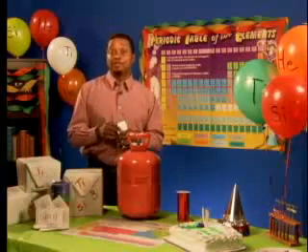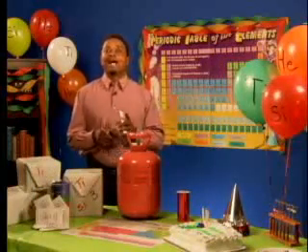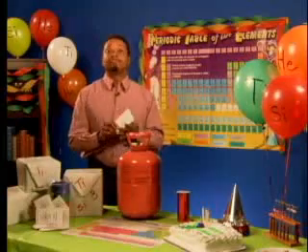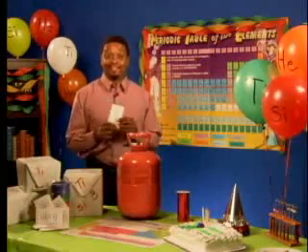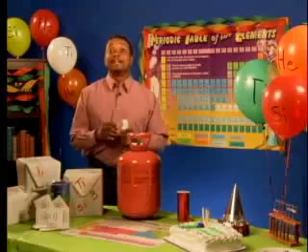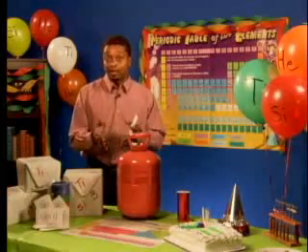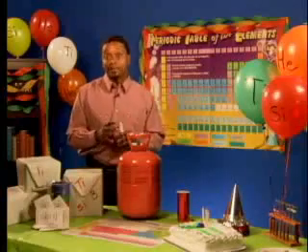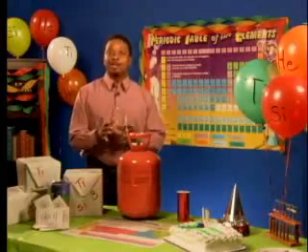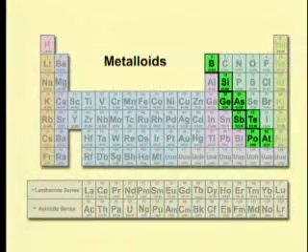If he doesn't choose element 22, perhaps he'll be lucky enough to select number 14, silicon. Silicon is a metalloid, which means it possesses some of the properties of metals and some properties of nonmetals. The metalloids are found here on the periodic table between the metals and the nonmetals, of course.